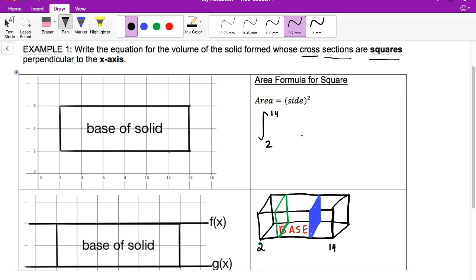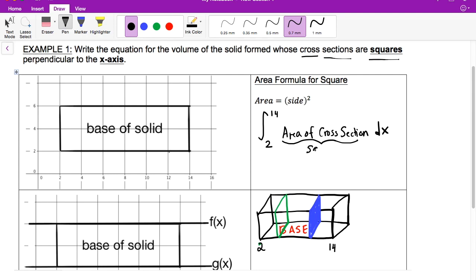We have the integral with the lower limit, which is 2, and the upper limit, which is 14. And this part here is always the area of the cross section. And since this is perpendicular to the x-axis, we'll have dx. So this is just the initial structure of the integral. We're going to have to fill this in some more.